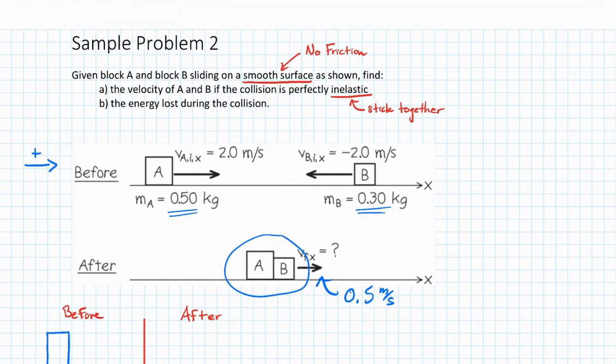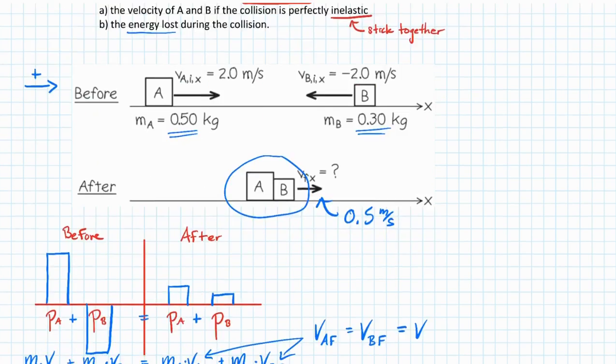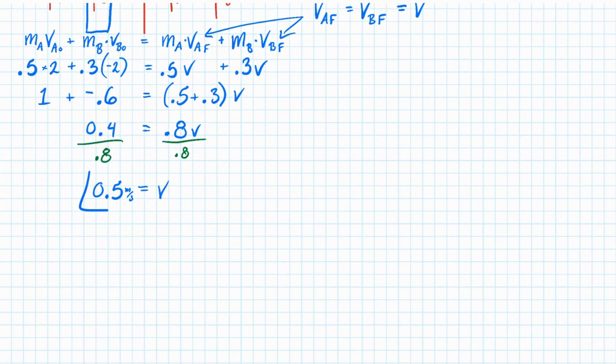All right. Then the second part of this question asks for the energy lost during the collision. So if I want to know how much energy is lost, then I need to know how much energy there was in the beginning and how much energy there was at the end. So I'm going to add up the energy at the beginning.